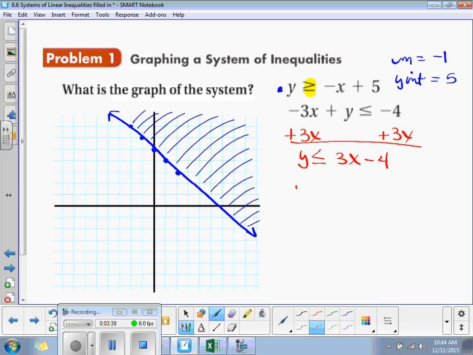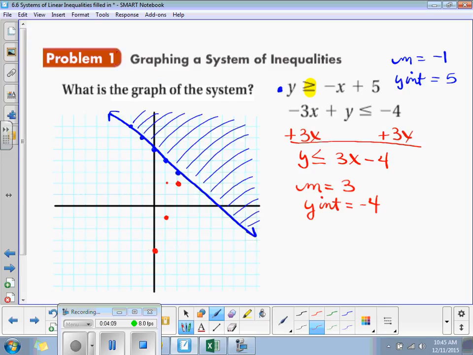So here, my slope is equal to 3, and my y-intercept is equal to negative 4. And now we graph. We start at the y-intercept, down here. The slope tells me to go up 3 to the right 1.